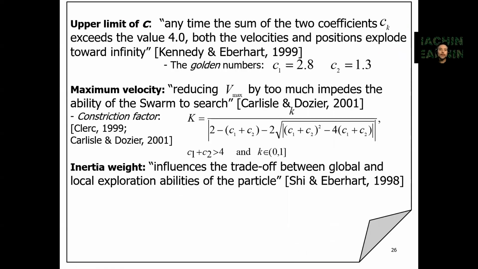There has been a lot of work to fine-tune some of these parameters that the method uses. It's a heuristic procedure, so there are certain heuristics like C1 and C2. These are two parameters which control the magnitude of the contribution of the particle best and global best.